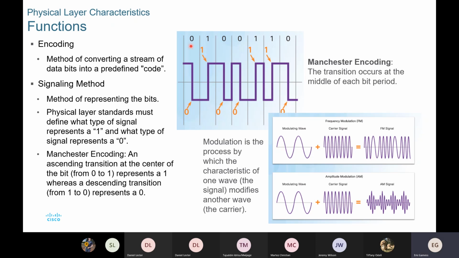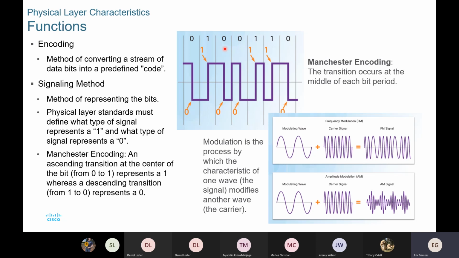Let's say that I want to transmit 0, 1, 0, 0, 1, 1, 0. For this 0, in the middle of the bit, I need a descending or falling transition. Look, we came from high, and as you can see in the middle of the bit we have a falling transition, which means that this is a 0. Now, if after 0 I want to represent a 1, in the middle I need an ascending transition. Look here, in the middle of the bit we have an ascending transition, which means a 1.